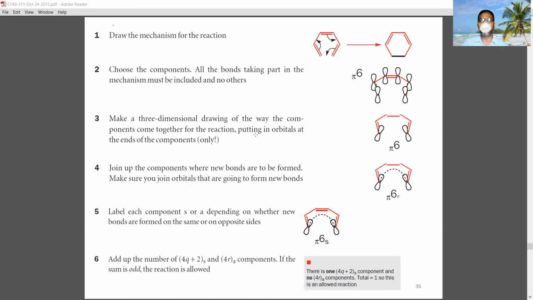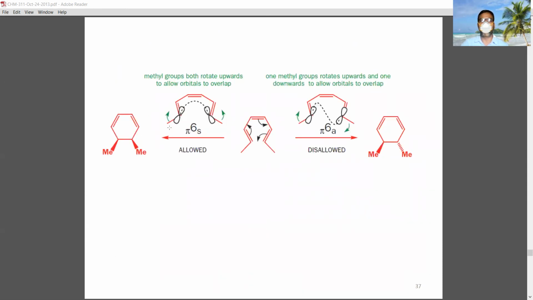Read all the rules and regulations. You can see this one is allowed and this one is disallowed. Why is this allowed? Both methyl groups rotate upward to allow the orbitals to overlap. In the other, one methyl group rotates upward and the other downward to allow orbital overlap. So suprafacial is allowed and antarafacial is disallowed.